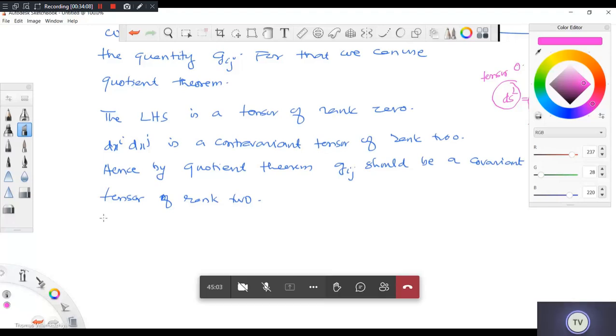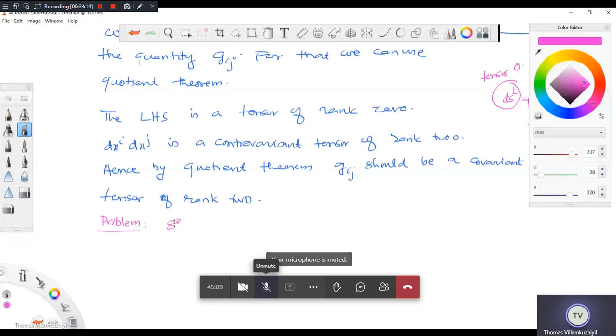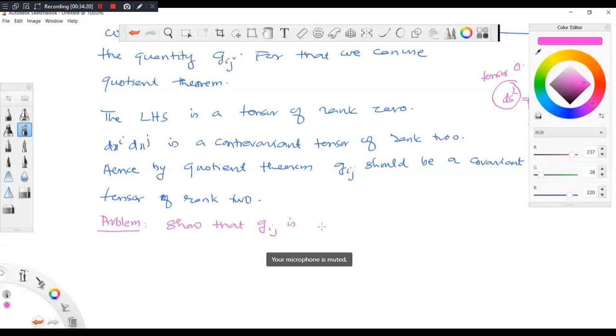Problem: show that gij is a symmetric tensor. Okay, solution. This gij, one good property is that it is a symmetric tensor.